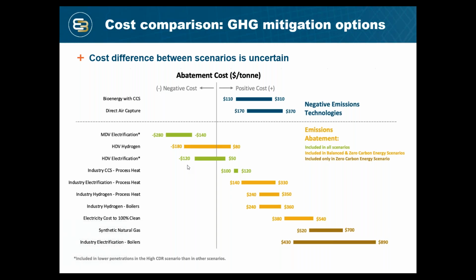So the building shell efficiency assumptions are applied in all of the scenarios as part of the state's effort to improve building efficiency. So this is one of the input assumptions around moving towards higher efficiency buildings in California.